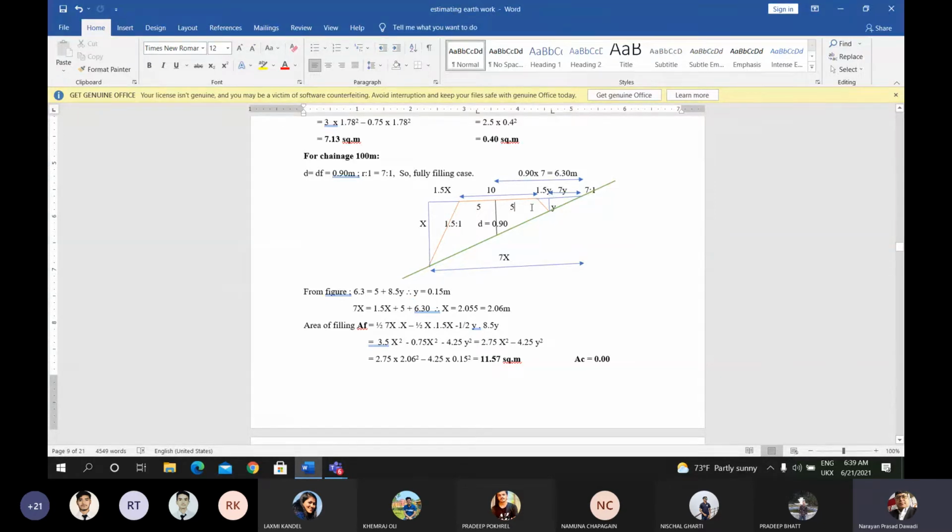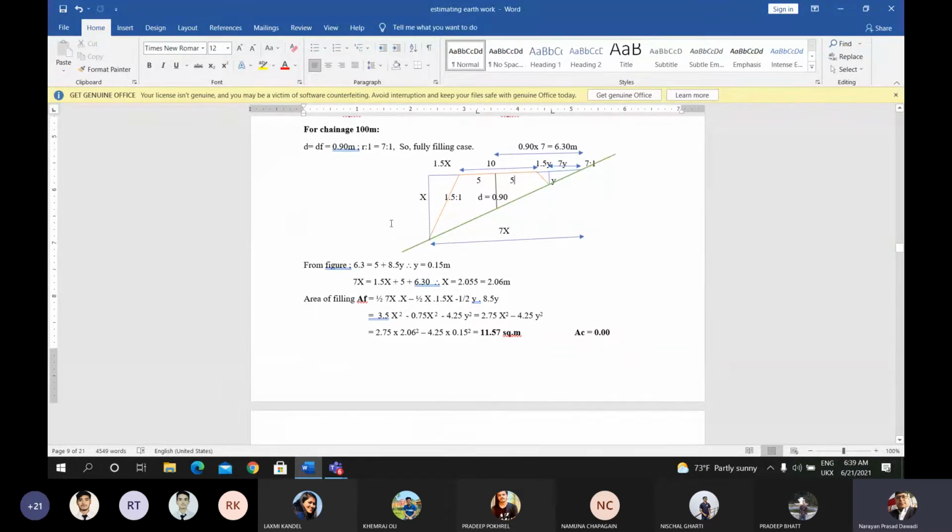Now for 7x, the total length will be 1.5x plus 5 plus 6.3, from the center to the end point.